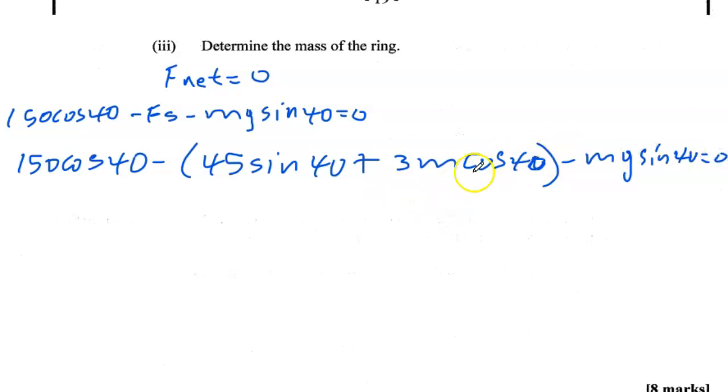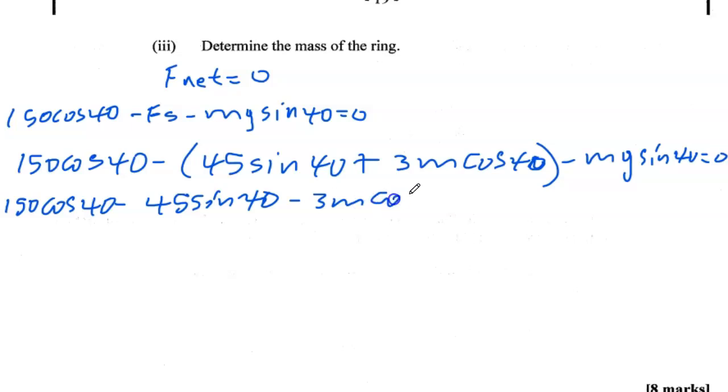So we can distribute. So what we have is 150 cos 40 minus 45 sine 40 minus 3m cos 40 minus mg sine 40. So we can leave all the terms with m on the left hand side, equals 0.